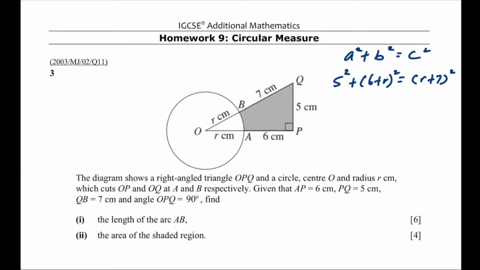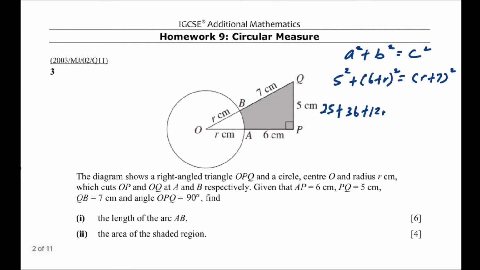Okay, from here, let's find the value of R. Expand it, simplify it, collect the like terms. 14R minus 12R, so I have 2R here. 25 plus 36, 61, minus 49, 12.